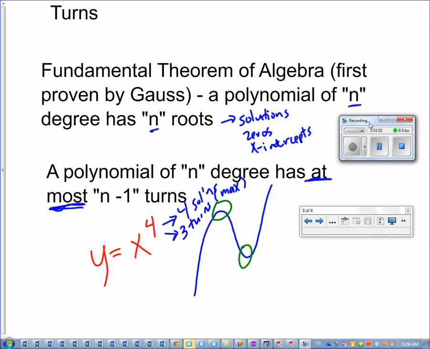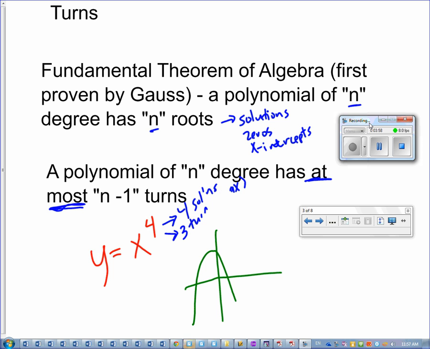So what that could look like, it could be going up, down, up again. So it could have 1, 2, 3 turns. It could have fewer turns. There's a way for it to have 2 turns or actually 1 turn. If we were to graph this, this one does actually only have 1 turn.